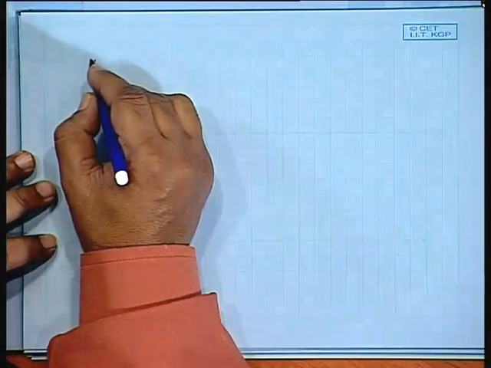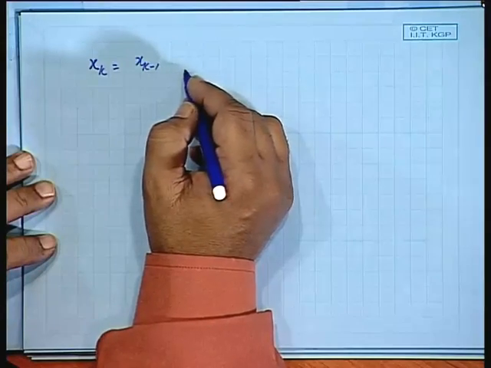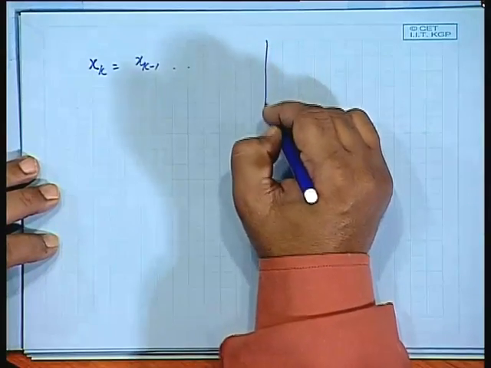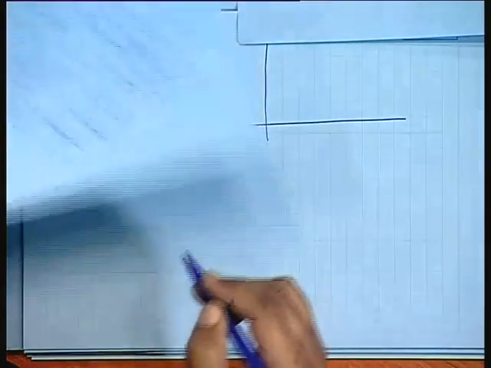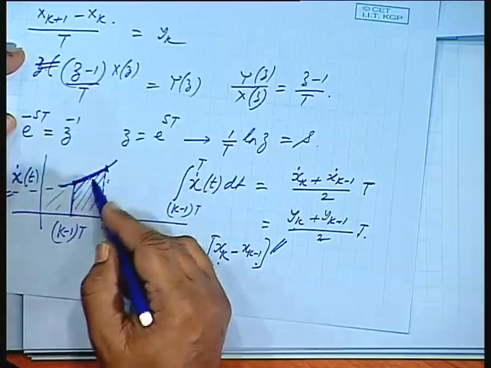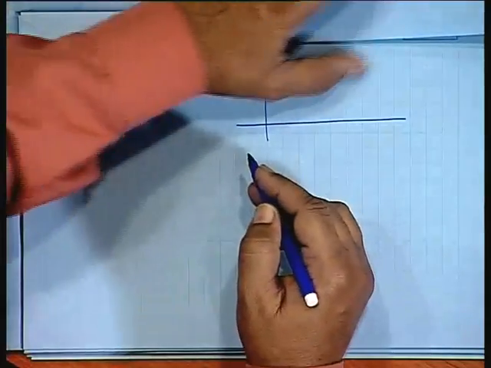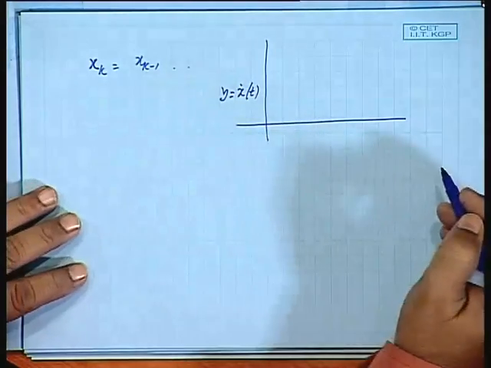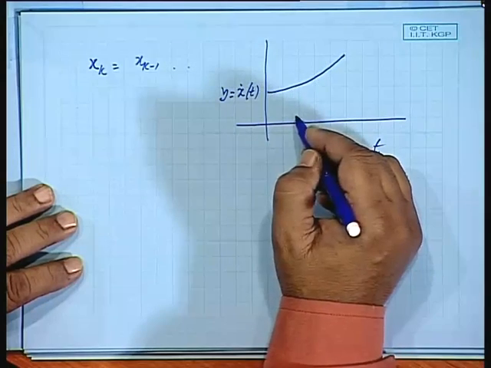So, basically you are expressing x k in terms of x k minus 1, and then trying to find out a relation. Suppose we made a straight line approximation here for this curve, and the area under the curve was the integration of that. Now, suppose we take x dot t, that is y, plotted against t, and we make a second order approximation.